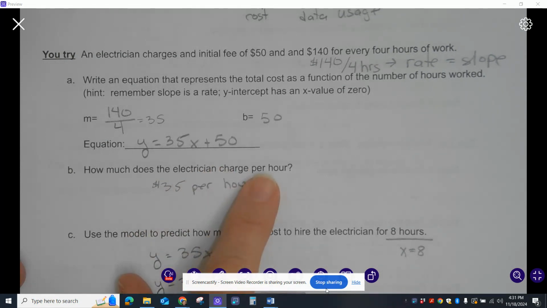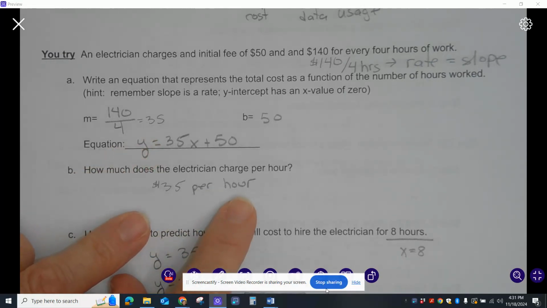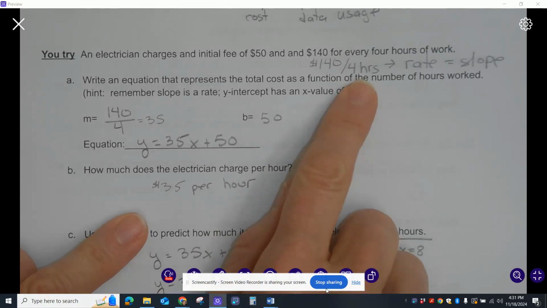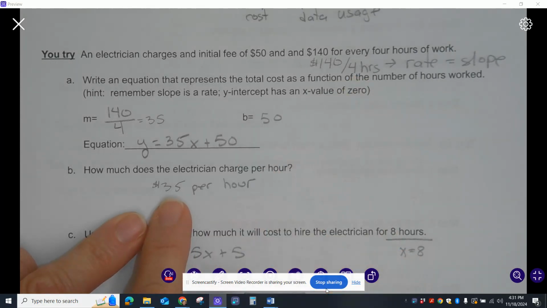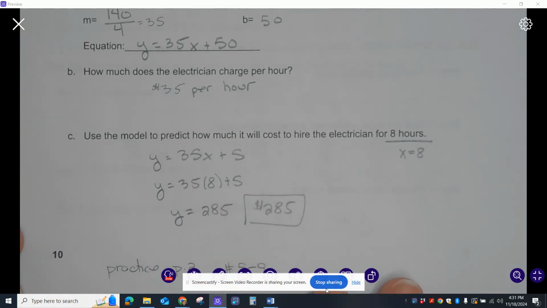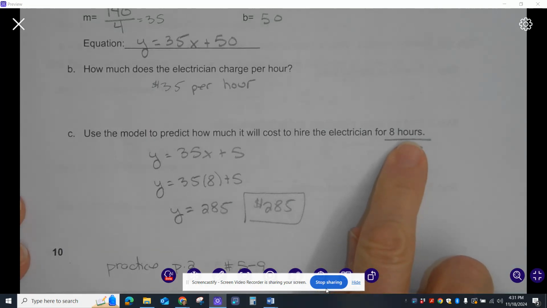How much does the electrician charge per hour? Well, that's your slope. $35 per hour is what they charge. 140 for 4 hours simplifies to $35 per hour. And then this says use the model to predict how much the electrician would charge if they worked 8 hours.